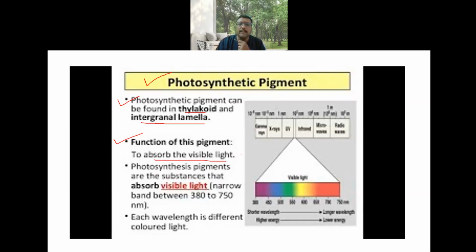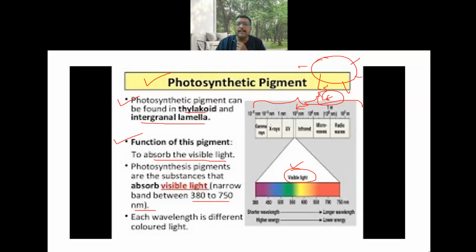One thing you remember is that sunlight, from where the light energy is utilized, comprises different rays. We are able to see the visible light, which is in the range between 380 nanometers to 790 or 800 nanometers.